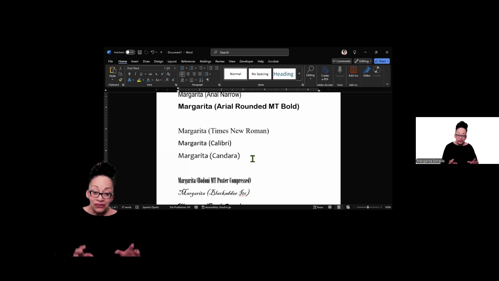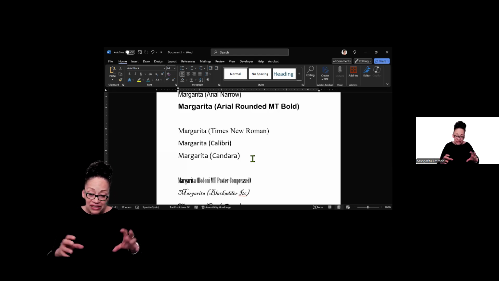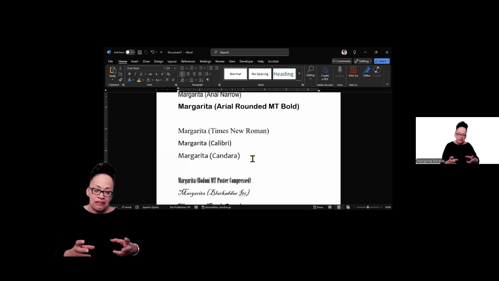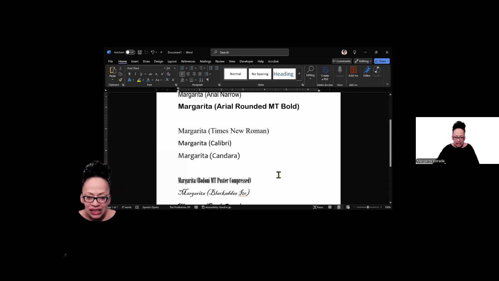And everybody chose Candara. They said, "Oh my God, for some reason this page seems easier on the eye to read." Little did they know that I was putting together an experiment. I used everybody at my job as a focus group, right?